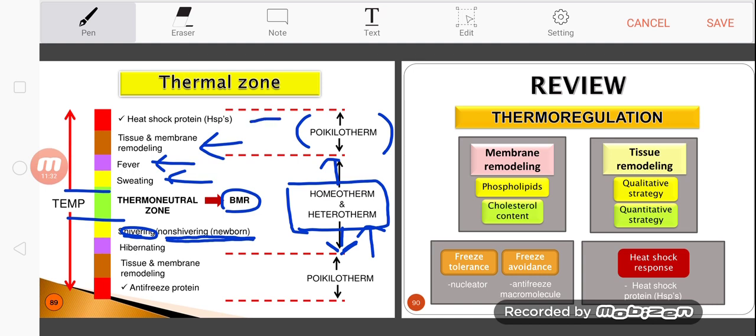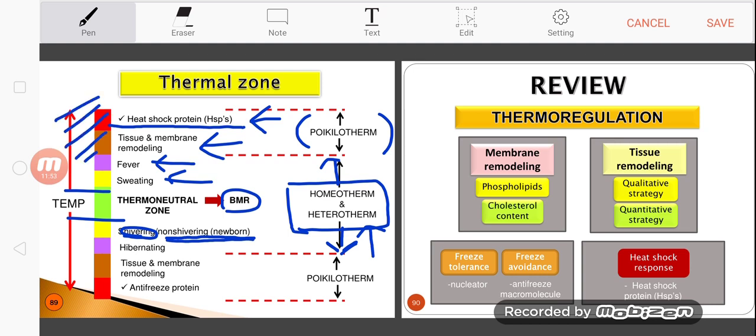Another, in terms of enzyme kinetics, in poikilotherm animals the cells can produce HSP, heat shock protein. So this is when the temperature is too high and the poikilotherm experiences the higher temperature.